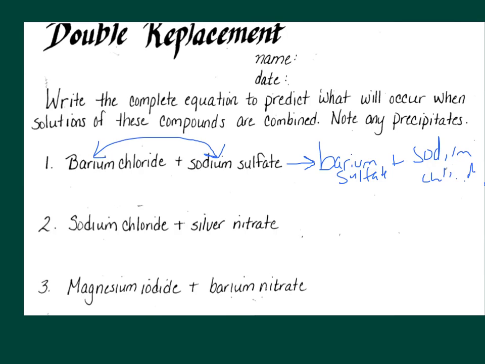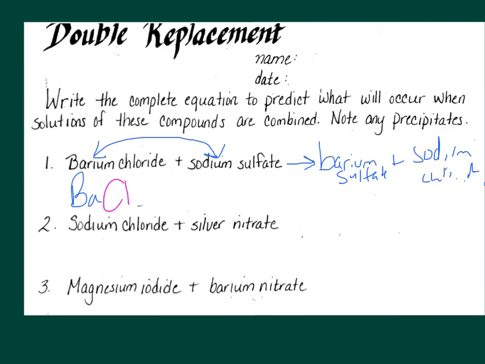And the reason I did it as names first is because that helps you just focus on your formulas. Then you don't have to worry about charges so much and just looking at it from the name. And again, if you don't need to write them as formulas in this activity, it's okay. If you don't, I will tell you on the final exam you will be doing both though.